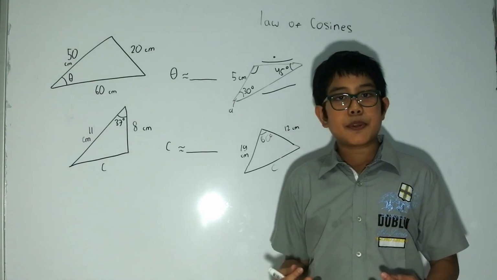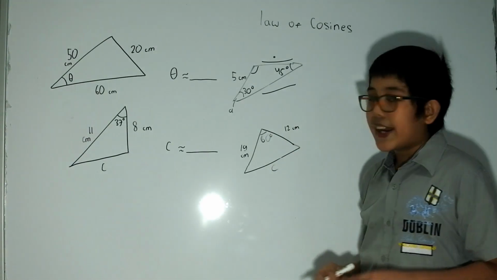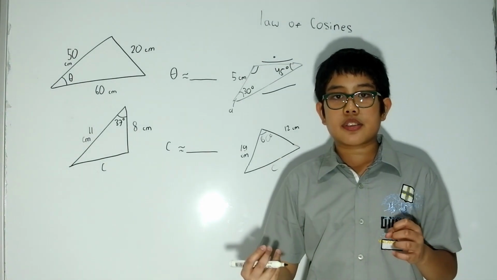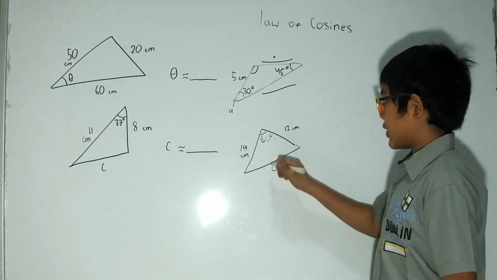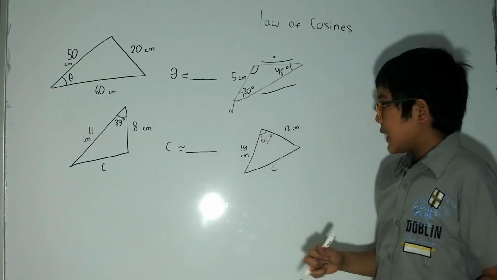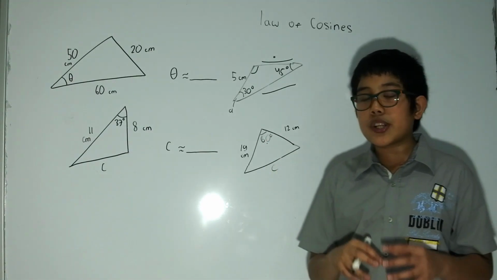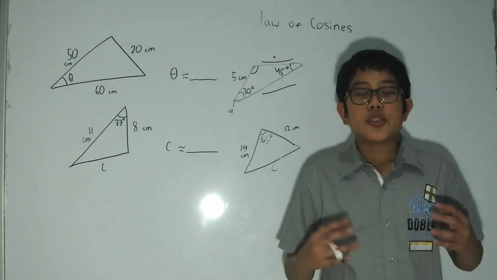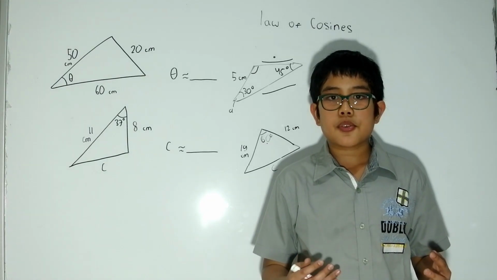Okay, as I was saying before, in this triangle, there are no pairs at all, because the pairs are one angle and its opposite side. The only angle we know is 60 degrees, and the opposite side is C, and we don't know what C is. So, let's go to our law of cosines. So then, what is the law of cosines?